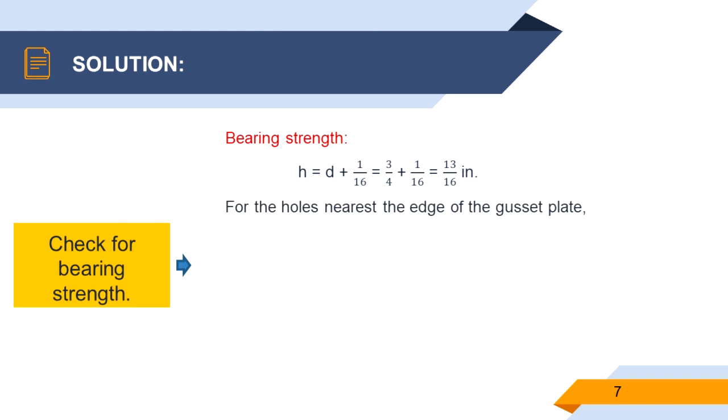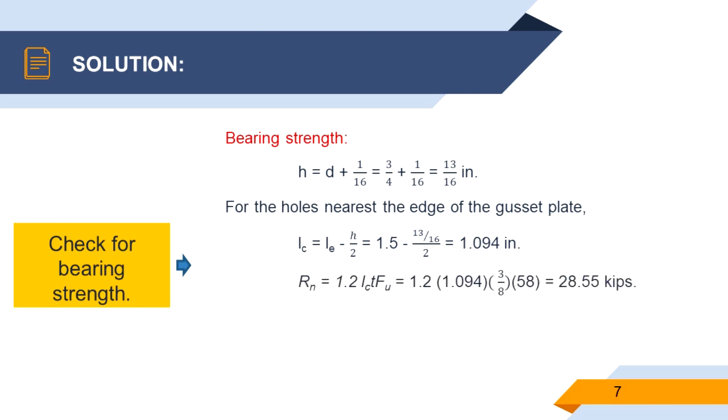For the hole nearest the edge of the gusset plate, we first solve the clear spacing, which is equal to the edge distance to the center of the hole minus the hole diameter over 2, and substituting the values, we get 1.094 inch.